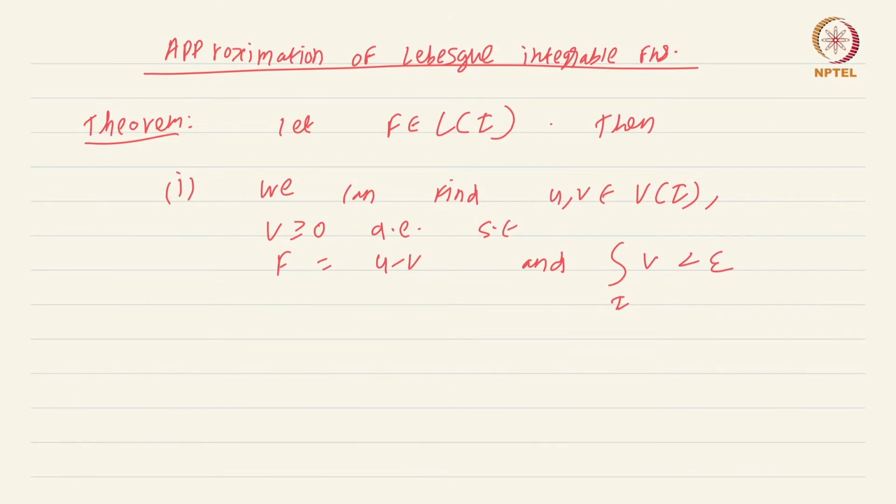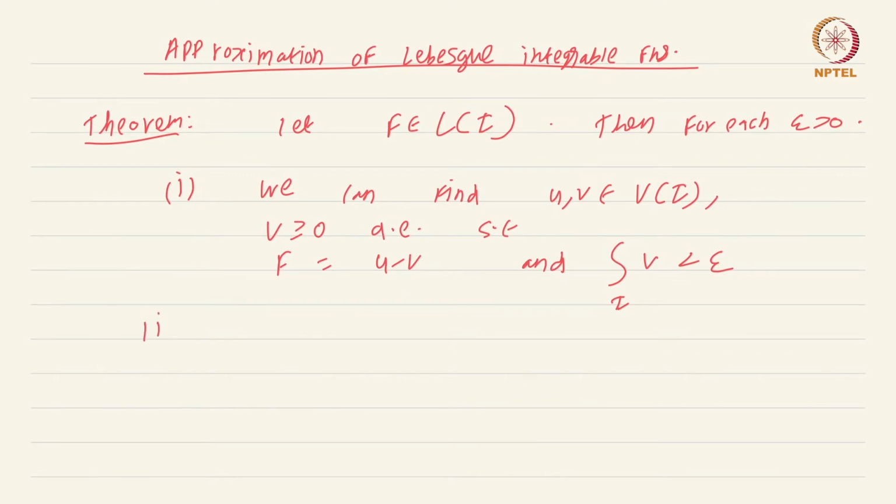Okay, so for each epsilon greater than 0, this is possible. So what this is saying is that any Lebesgue integrable function is almost an upper function except for a small non-negative upper function. That's one approximation theorem.